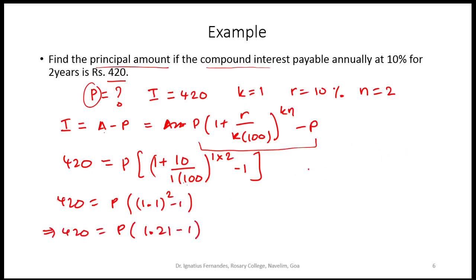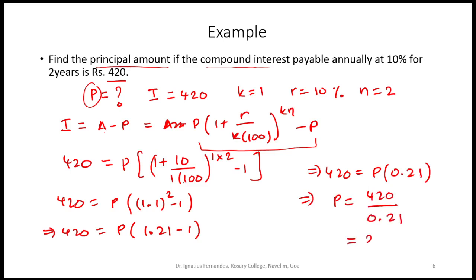So I have 420 is equal to P into 1.21 minus 1 is 0.21, or this gives us P, cross multiply this 0.21. P is equal to 420 upon 0.21, that will come to 2000. So the principal amount is 2000. Now here the interest amount was given, that's why we used this formula.